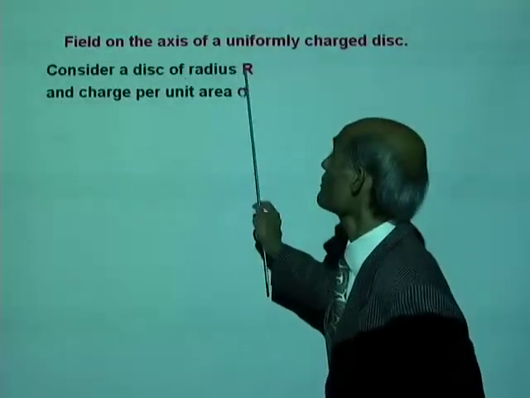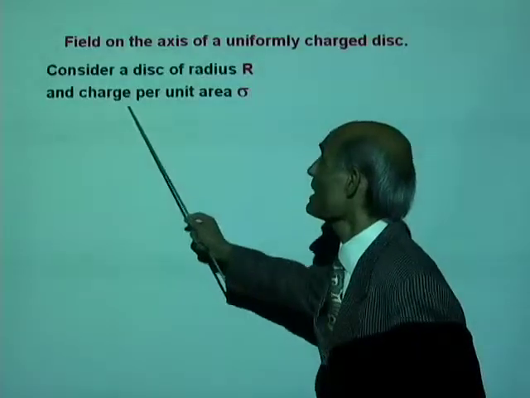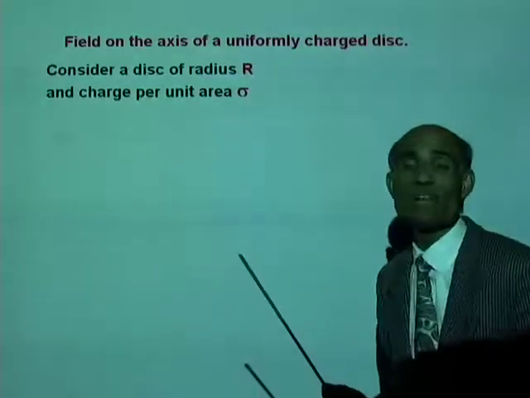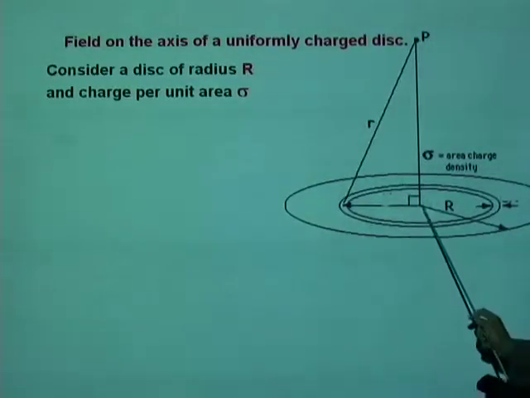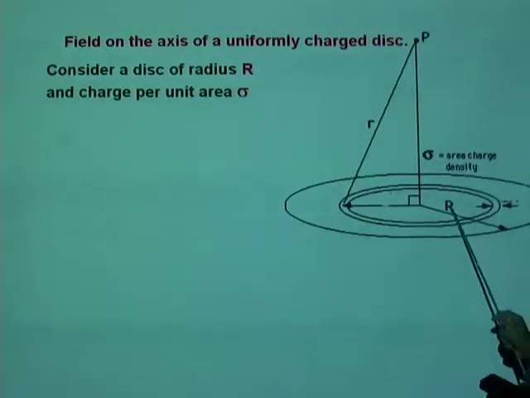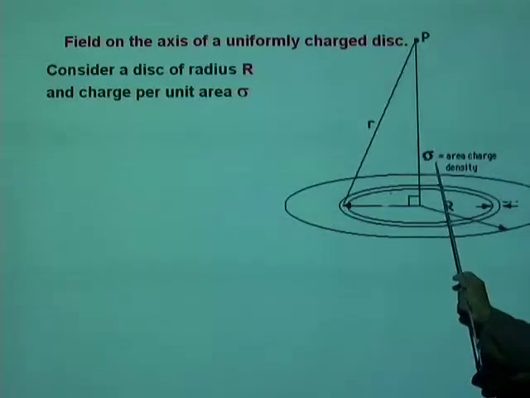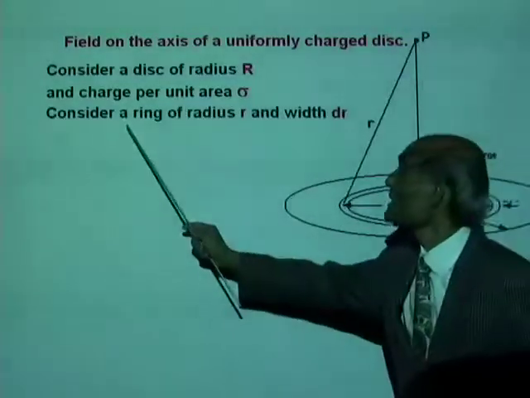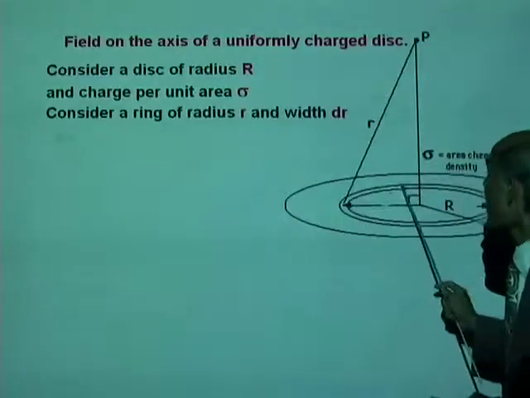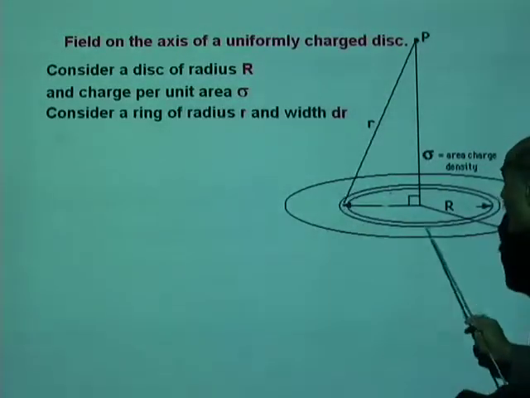Consider a disk of radius R and charge per unit area sigma. Here is the disk. The radius of that disk is R and the charge per unit area is sigma. Consider a ring of radius r. Look at this ring here.